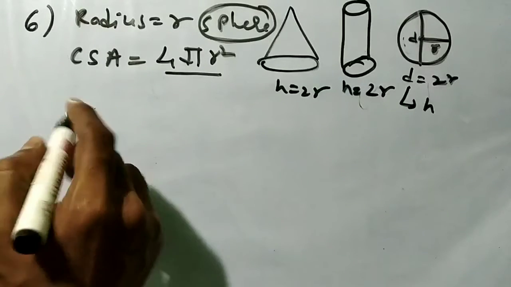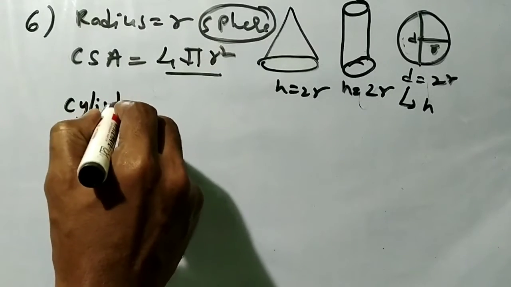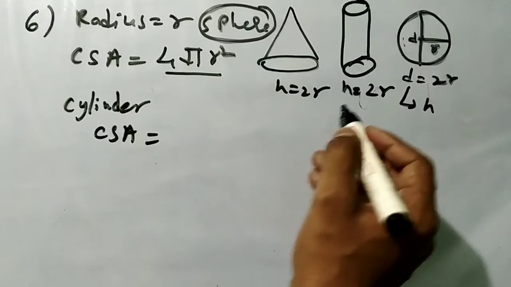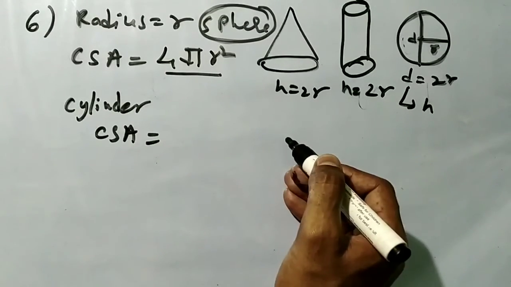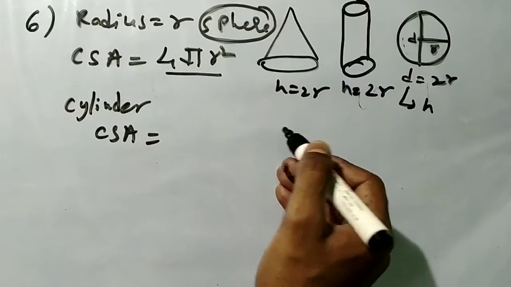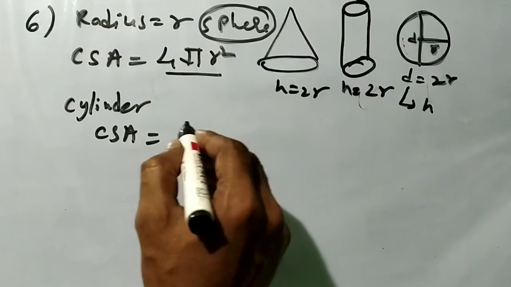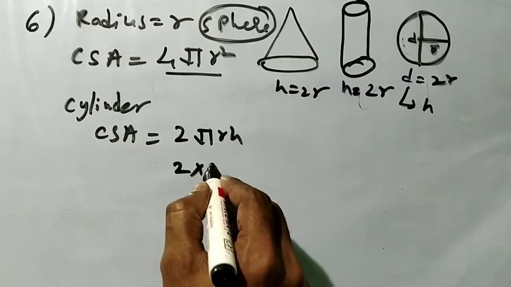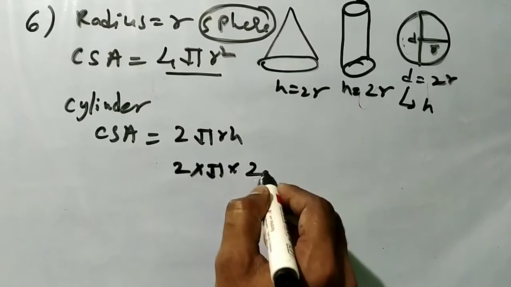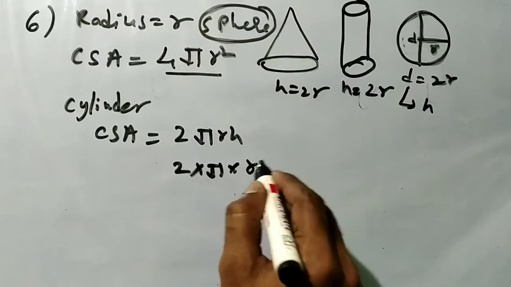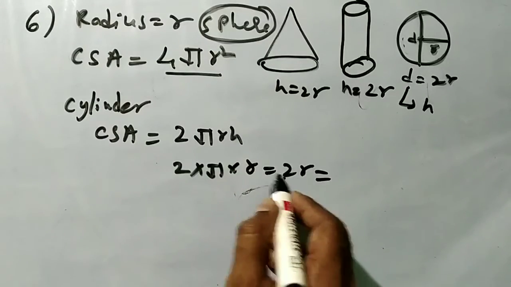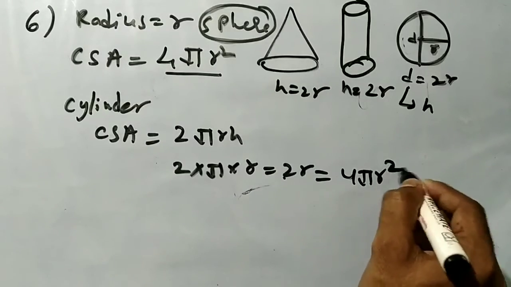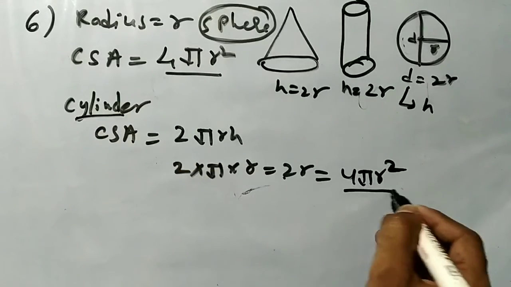Let's do the cylinder. The cylinder CSA is 2 pi RH. Here R is equal to R and H is equal to 2R, so we get 2 into 2, 4 pi R square. So the cylinder CSA is equal to 4 pi R square.